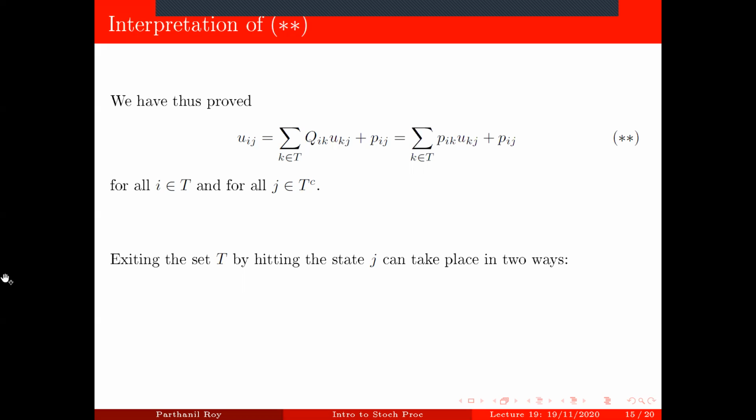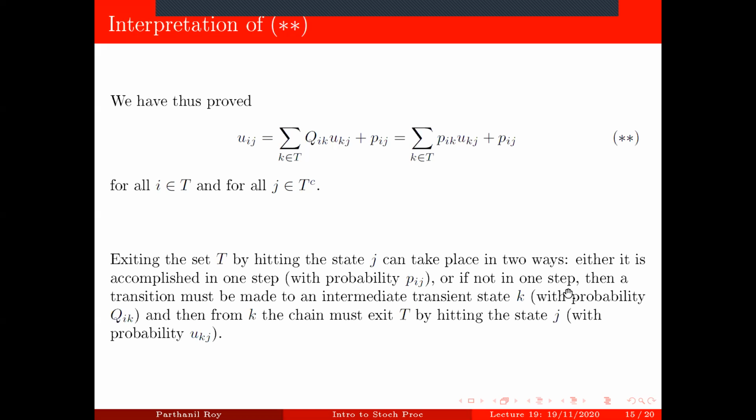Right? So that can happen in two ways. Either it is accomplished in one step, so you go from i to j directly. That happens with probability P_ij. That gives the second term here. Or if not in one step, then you have to first make a transition to an intermediate transient state k in the first step.